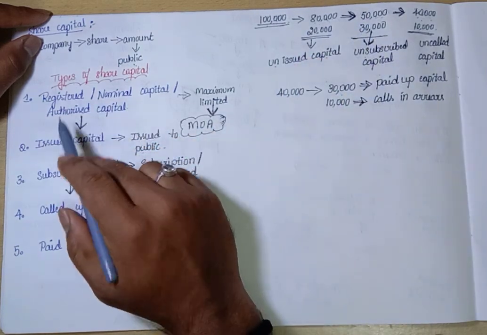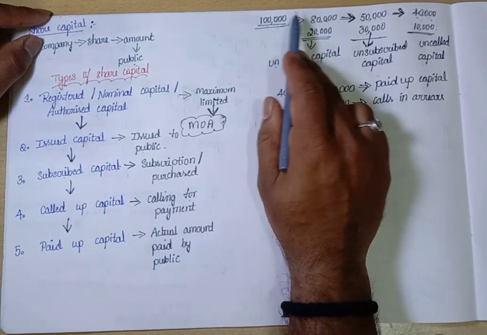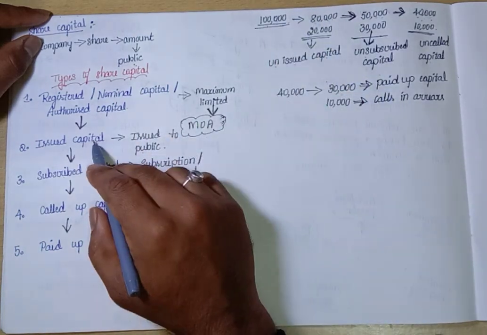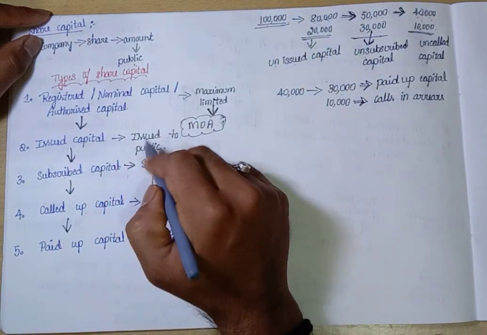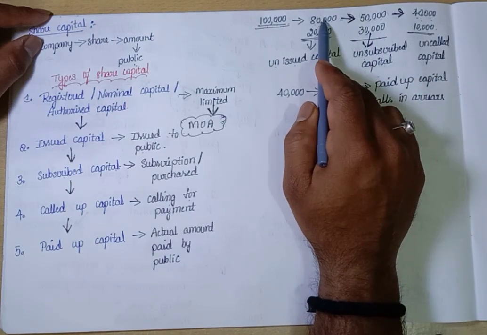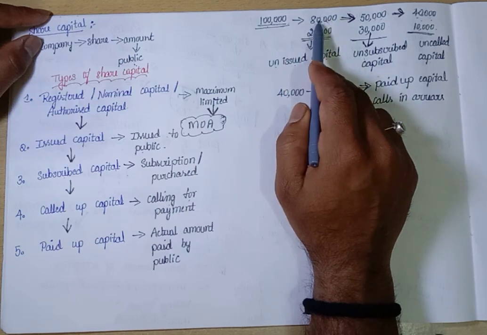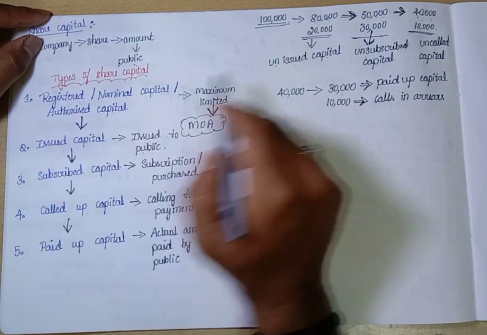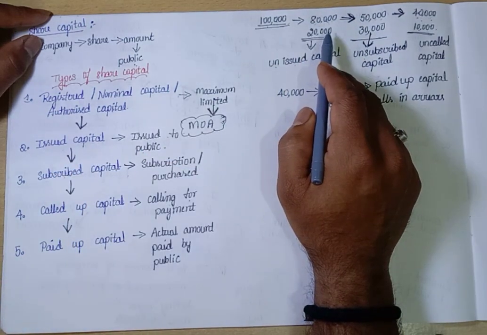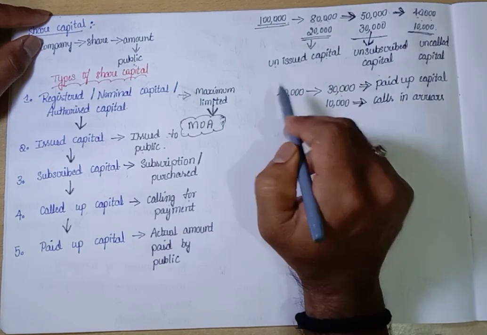Issued capital is the part of the authorized capital that the company issued to the public for subscription. The remaining 20,000 worth of shares we have not issued, and that is called unissued capital.